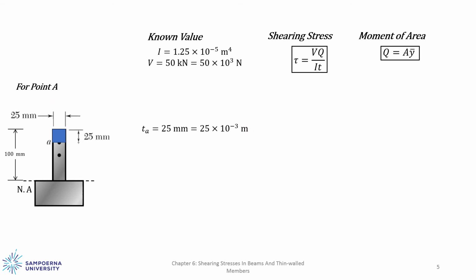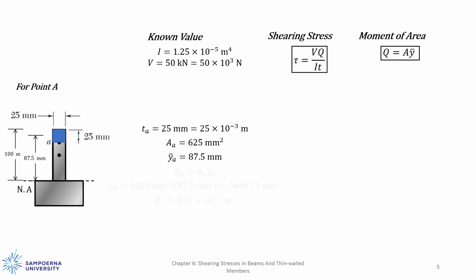Then for Q, we need A and y cap A. A is the area of this blue square and y cap A is the distance from the centroid of the square to the neutral axis. So here y cap A is 87.5 mm.